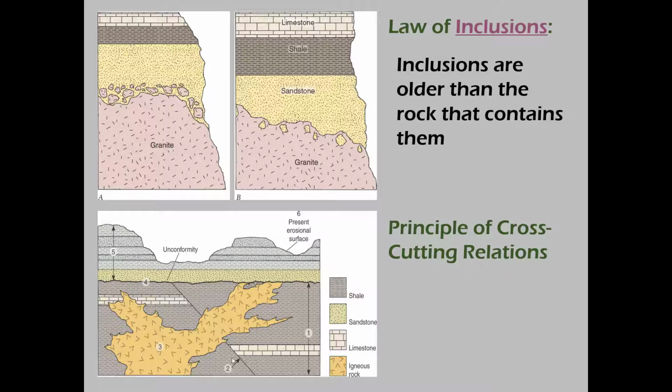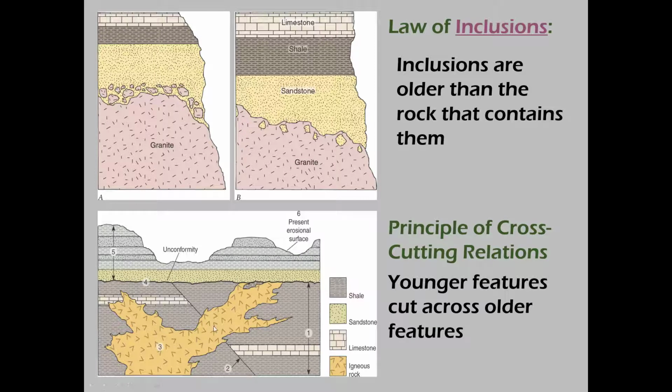What you can see here is one big fault labeled 2, and you can see that fault 2 cuts all through layer 1. So that means that in order for the fault to break these rocks, the rocks had to be older. Therefore, the younger feature, the fault, cut across the older feature, which is all these rocks.